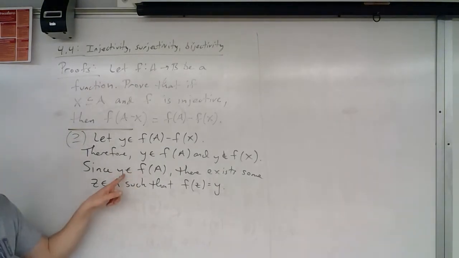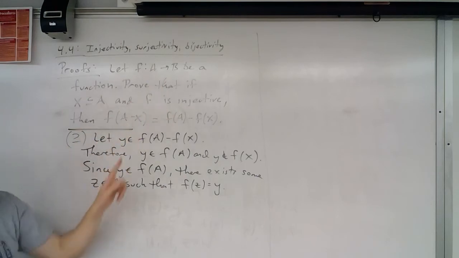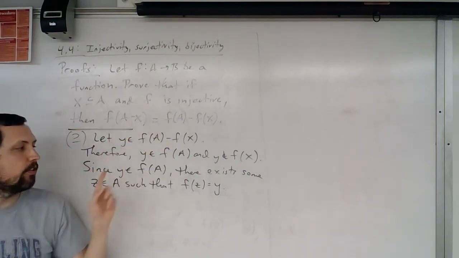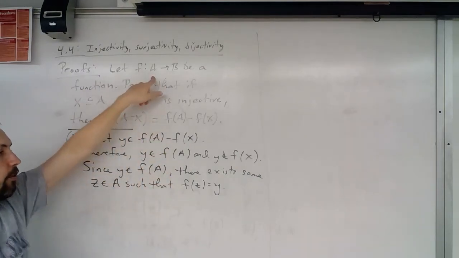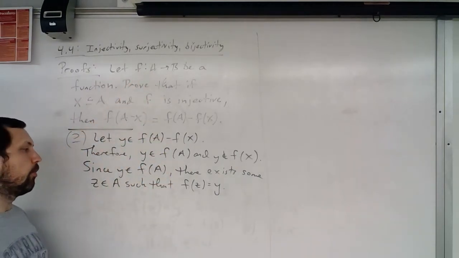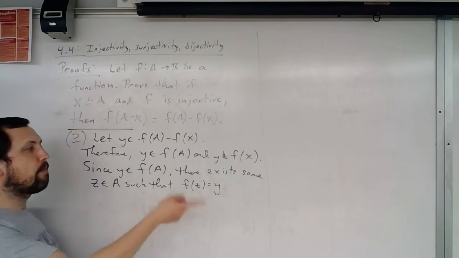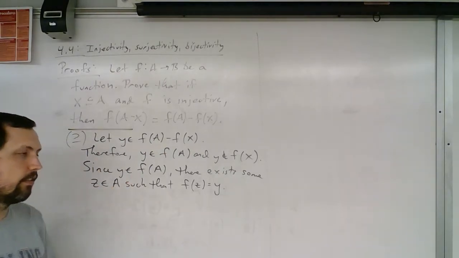Remember, this y is an element in my codomain. This is f of A, the image of some set, in this case the domain. So there exists an element in the domain that gets mapped to this element.